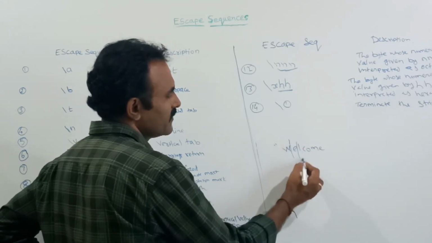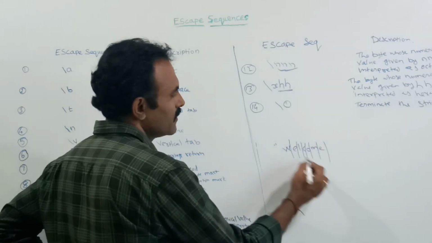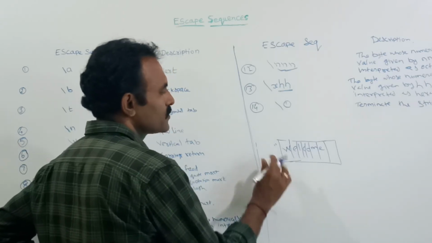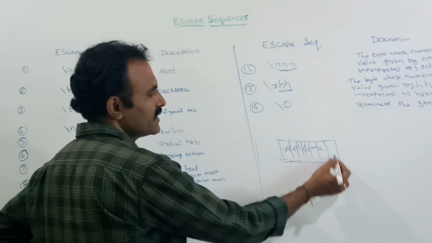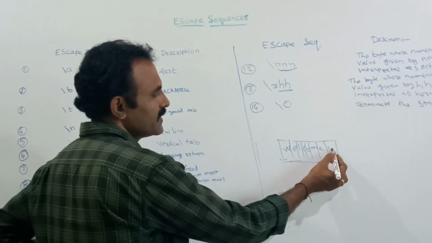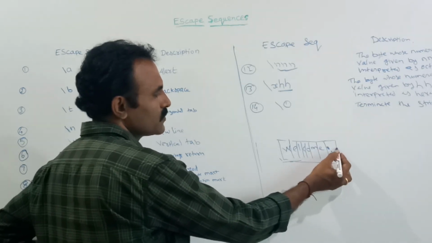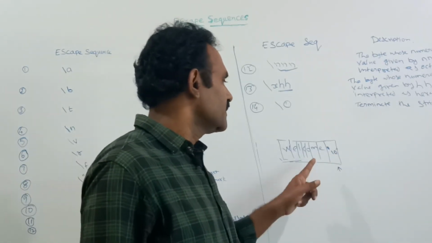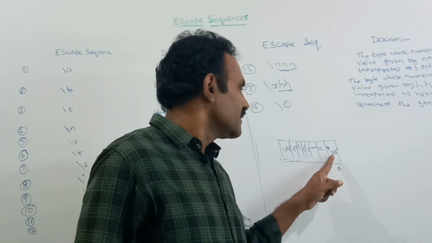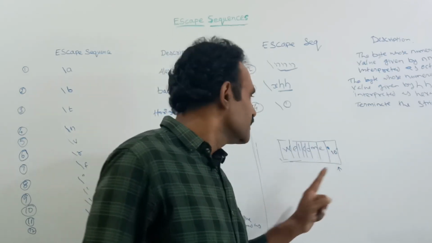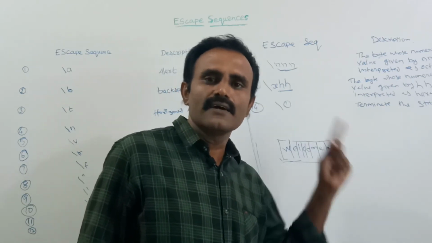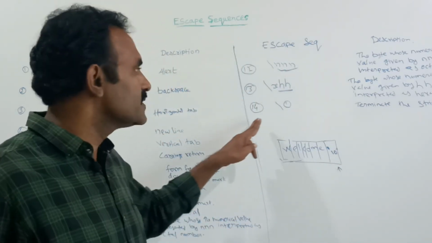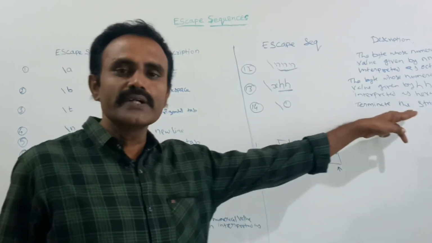Each and every letter will be stored in a byte. At the end of the string, at this position, slash 0 will be stored automatically by the system. The compiler can easily understand that if it is slash 0, then that is the end of the string. So each and every string has slash 0 stored at the end position. So this escape sequence slash 0 is used to terminate the string.